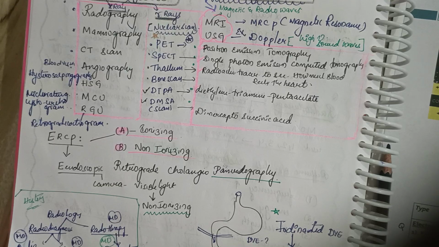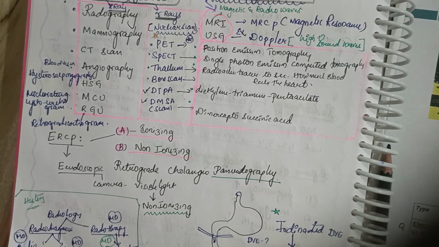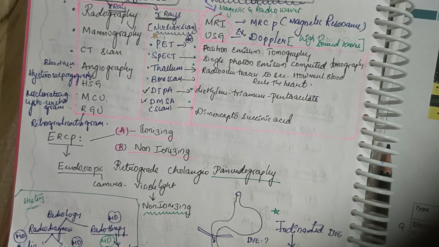And under this ERCP, you have an iodinated dye. When I say it is an iodinated dye, we need to understand that X-ray is needed for the imaging. X-ray is ionizing. So ERCP uses ionizing radiation. That's the basic point we need to look into.